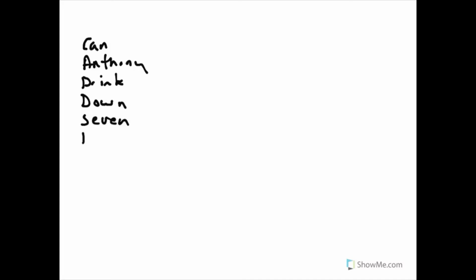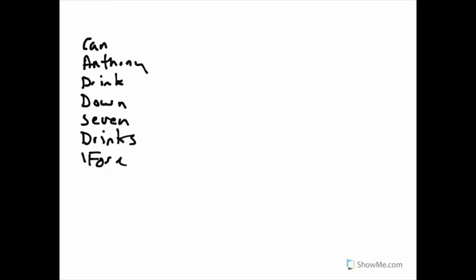Now, a lot of my mnemonics deal with drugs and alcohol, especially alcohol, because it's college students, and we know college students like to drink. So, can Anthony drink down 7 drinks for death?